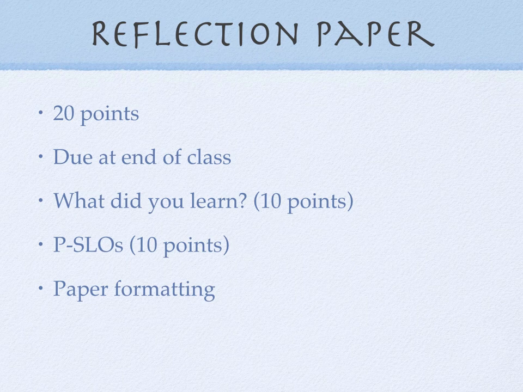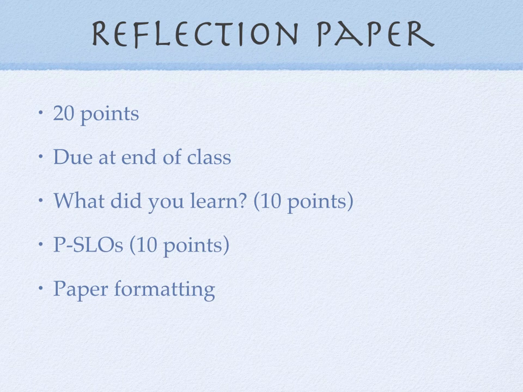And the second part of this reflection is I want you to reflect on our program student learning outcomes, and I want you to specifically reflect on PSLO 3 and 4 and the athletic training student learning outcome number 2. Okay, so first I want you to explain what each one of those means.